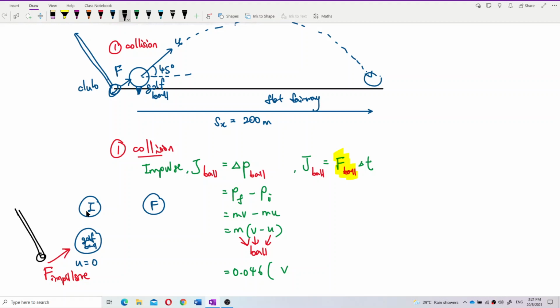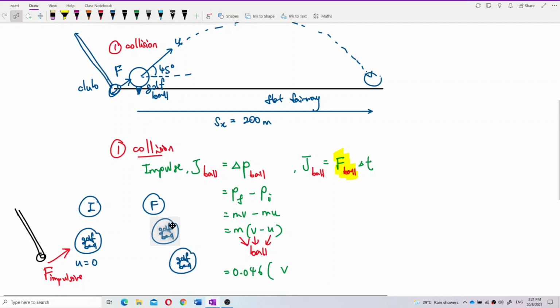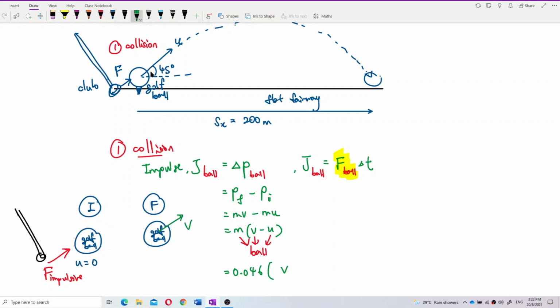Then what happens to the golf ball? You hit it with an impulsive force, and now the golf ball has a velocity. Now the ball is moving. Initially it is zero.